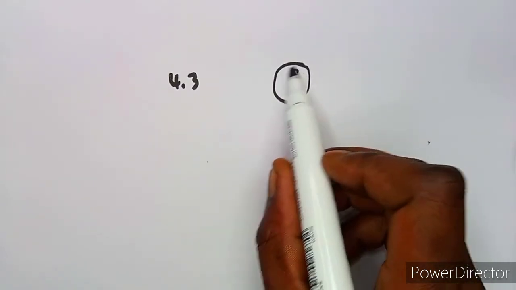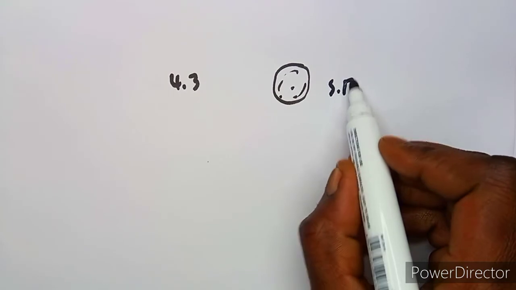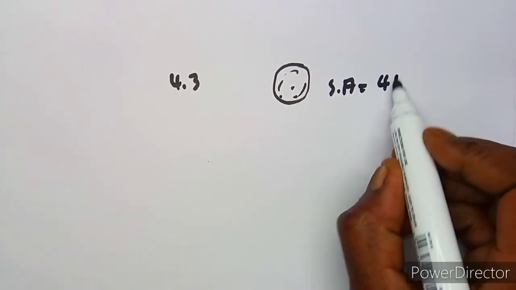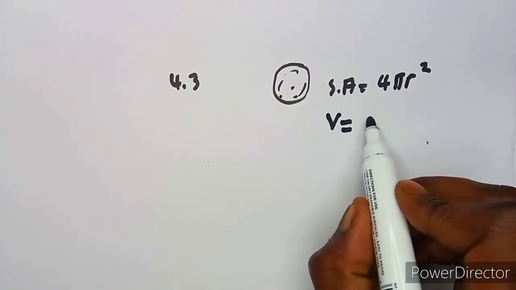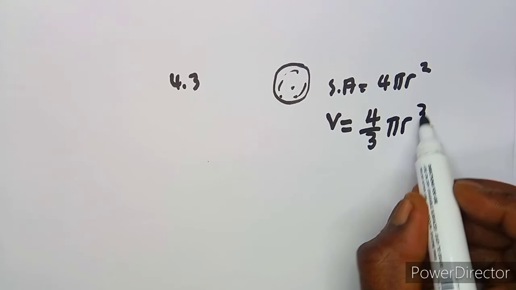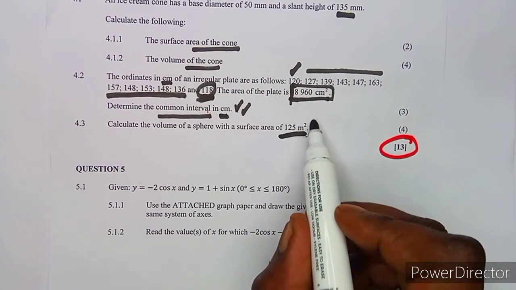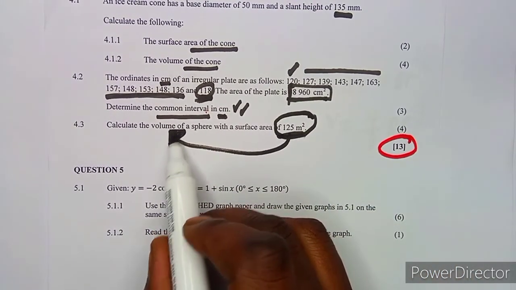It's not actually a circle, but something like that. The surface area of that sphere is given by the formula 4 pi r squared, and the volume of a sphere is 4/3 pi r cubed, like this. So we must play around the surface area in order to get the volume.